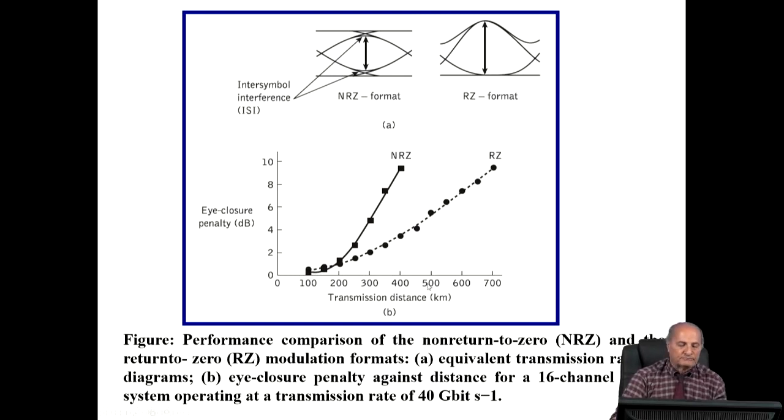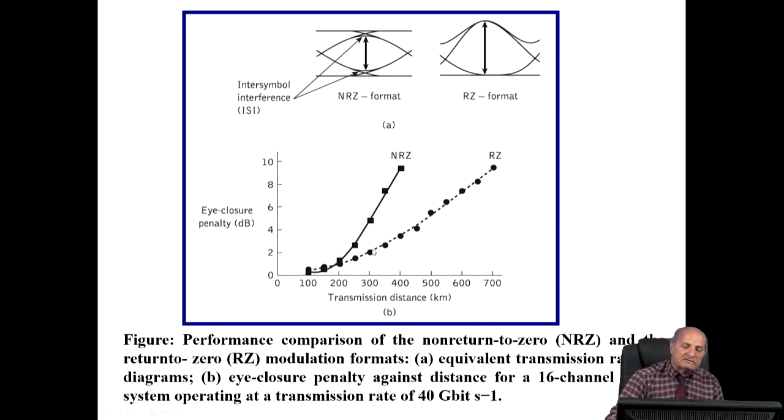For example, at 5 kilometers, if we find the eye opening is 0.7 and at 0 distance the eye opening is 0.9, the power penalty at this distance is 10 log 0.9 over 0.7. 0.9 is the eye opening when the distance is 0. 0.7, for example, is the eye opening after a distance, for example, 400 kilometers.